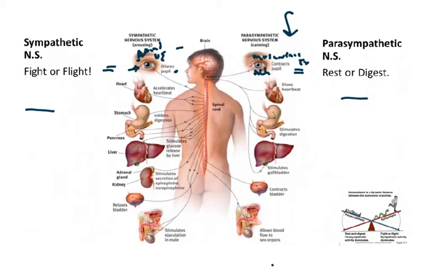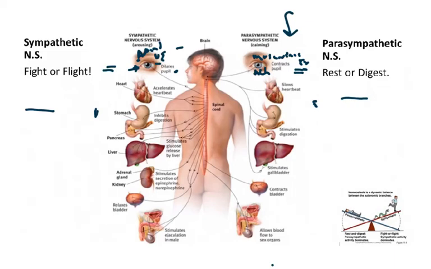And so the neurotransmitter released is going to be different, but it doesn't necessarily tell us that all of these are going to be constricting. They could go either way as far as being excitatory or inhibitory.